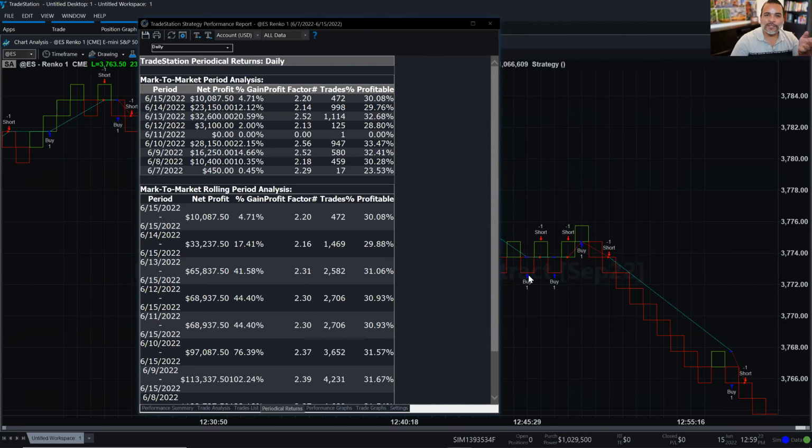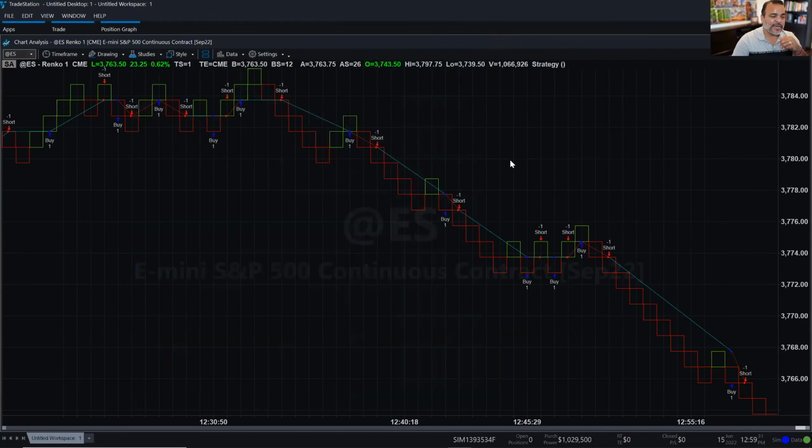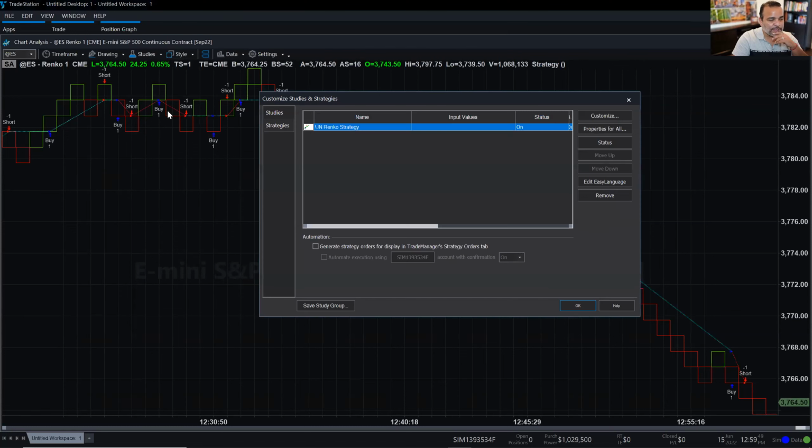Let's suppose that I want to factor that in as slippage. Okay, so let's say that I'm aware that these bricks are putting the entry where they shouldn't. On a long entry, the long entry is going to be sometimes lower or higher. I can factor that in by going to the studies and going to edit strategies.